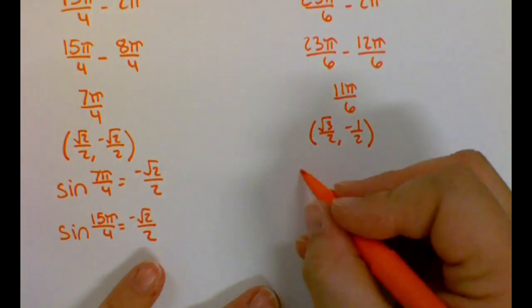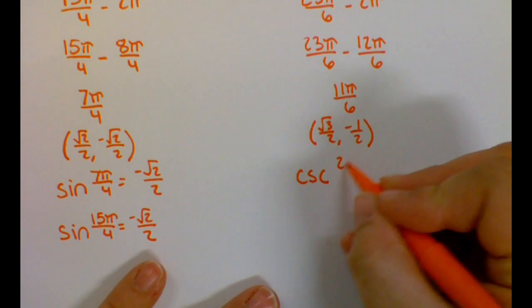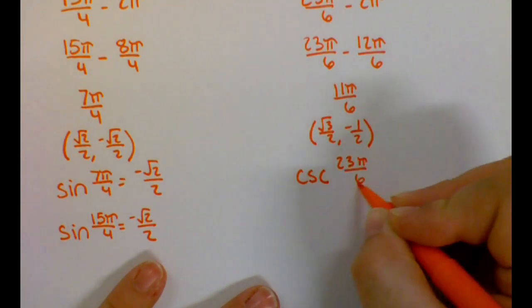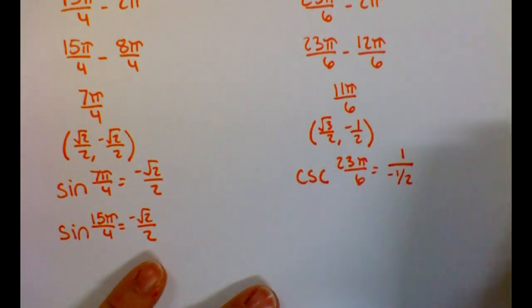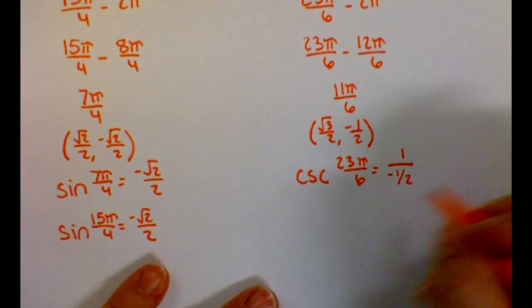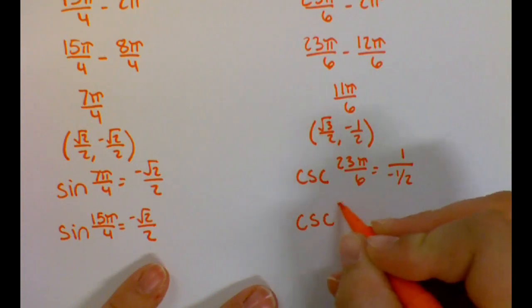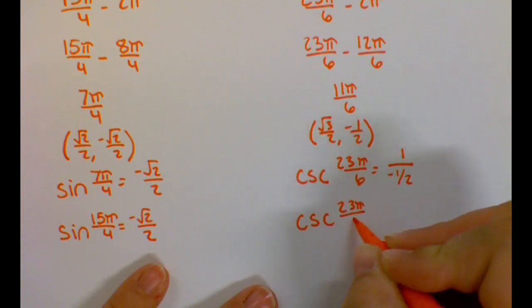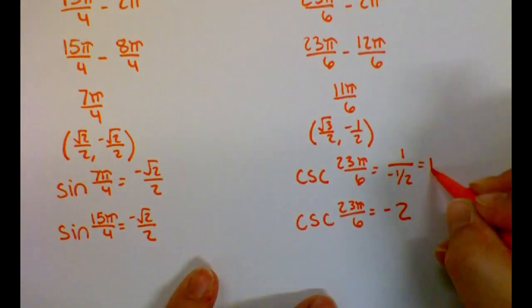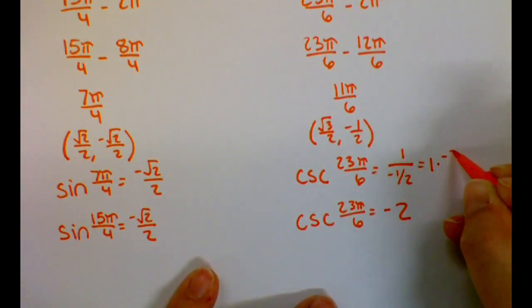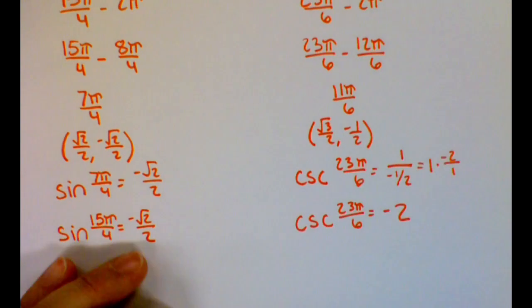If I want the cosecant, I'm going to go straight to 23 pi over 6. Cosecant is 1 over y. y is negative 1/2. Multiplying by a reciprocal means that the cosecant of 23 pi over 6 is negative 2. And to show you that work, remember we go 1 times negative 2 over 1, so we get negative 2.